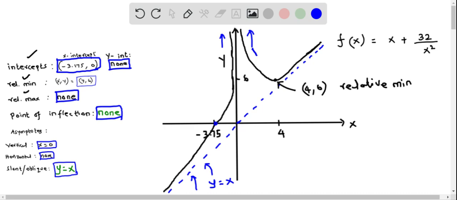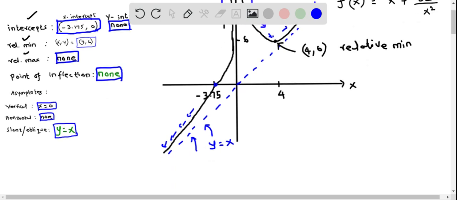So we draw it like this: it comes from larger values of y, decreases until the point 4 comma 6, and after that it increases, approaching the slant asymptote y equal to x. Here also we draw the graph as such. So this is the sketch of the graph of f of x.